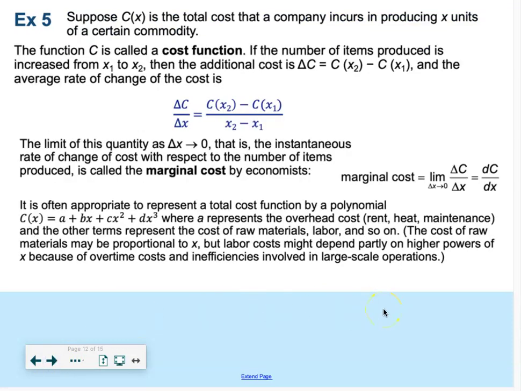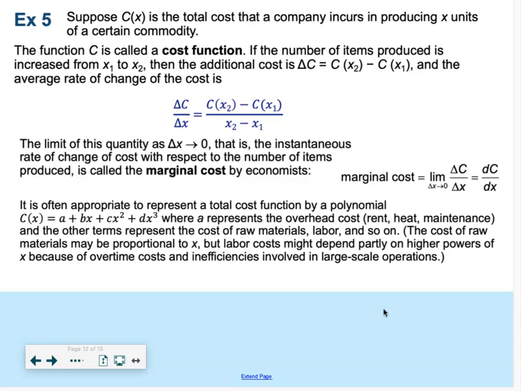Okay, let's talk cost. When you have a cost function, not in terms of time, but in terms of the number of products you produce, that's called your cost function for your company. The cost function is the total cost that a company incurs in producing x units of some product.